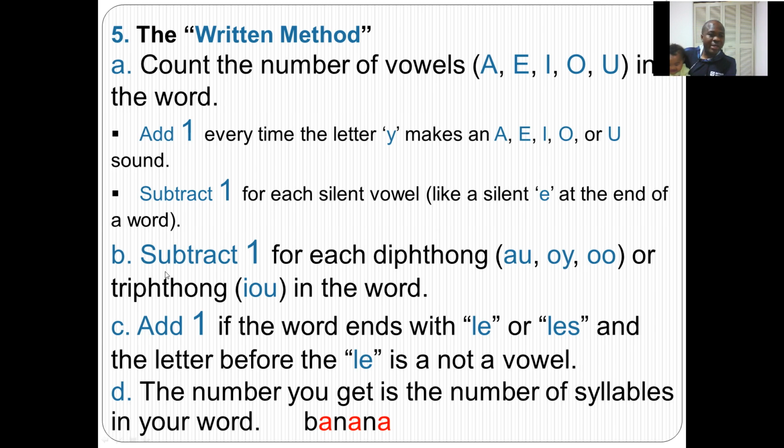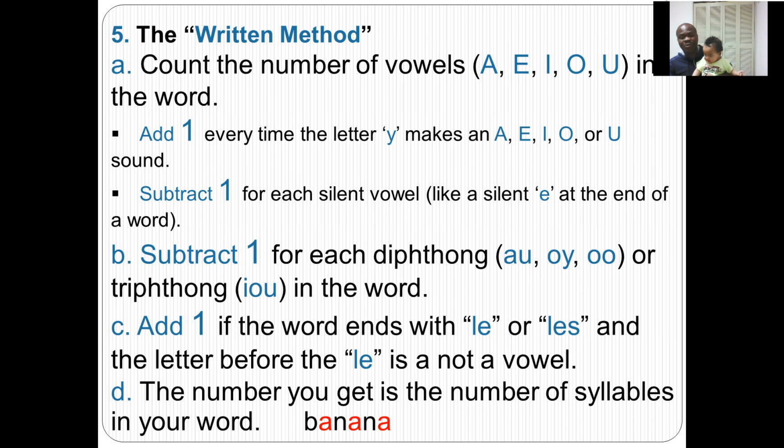Then the next one is you subtract 1 for each diphthong. Diphthong means two vowels coming together, or triphthong, 3 vowels coming together in a word. Then C, add 1 if the word ends with LE or LES and the letter before the LE is a consonant.